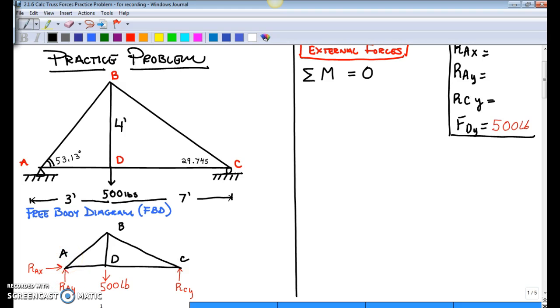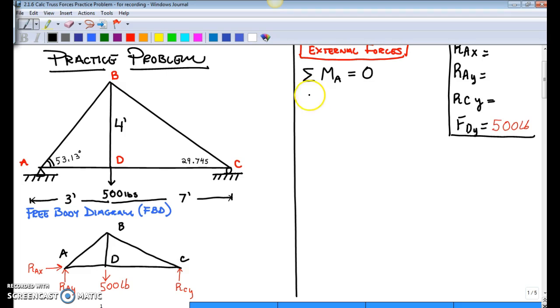The reason being, as I said in class, if we choose A as our reference point, the moment of reaction force A in the X direction becomes 0, and the reaction force at A in the Y direction becomes 0, because your distance from the fulcrum or pivot is 0. So I'm going to label that as the moments about A, and they should sum to 0.